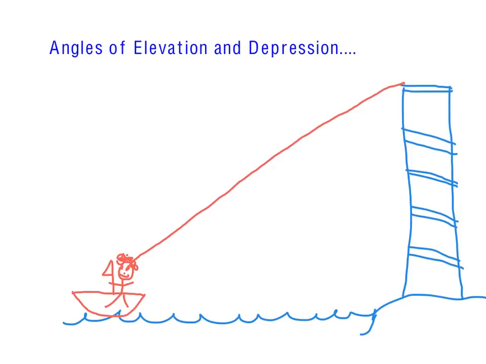Now what you're doing is creating an angle from your eye up to the top. The angle that we're going to look at is compared to if you looked straight out at the object. This has to be a horizontal line.